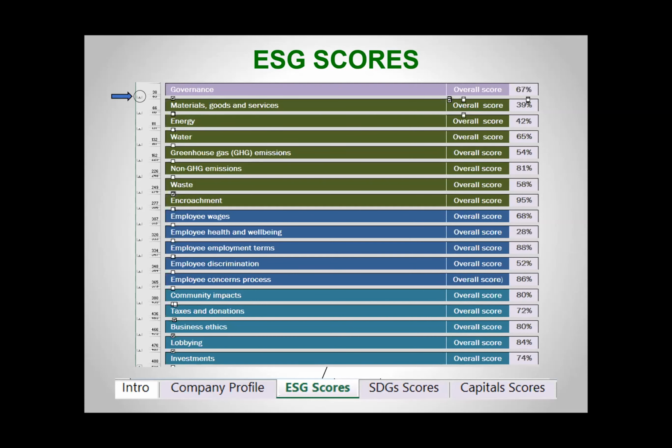So I have a question. Yes. So you have to calculate ESG scores and capital scores and SDG scores. Is there a need for providing all these scores by a corporation, or just one of them? No, actually, if the company doesn't care about capitals, or nobody cares about capitals, drop the spreadsheet, just delete it.